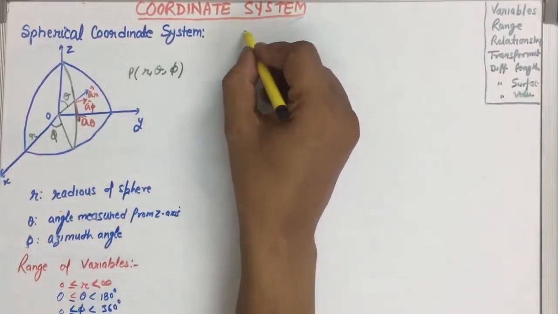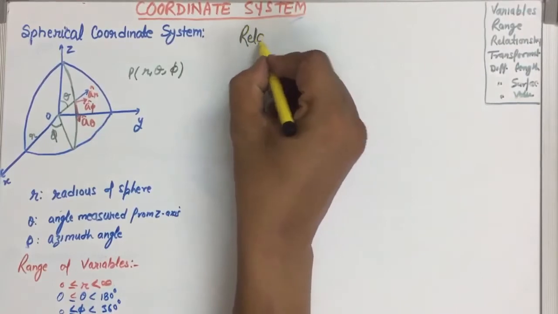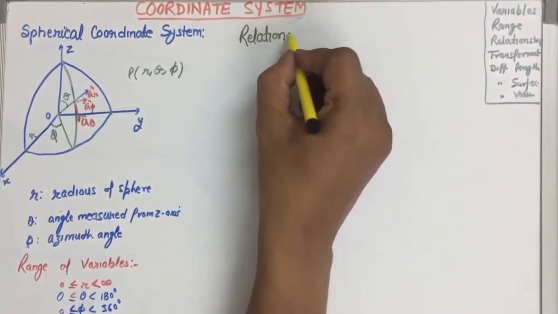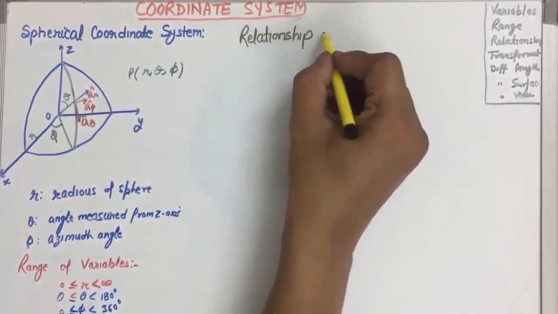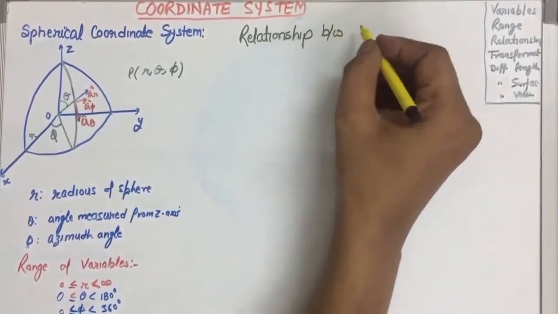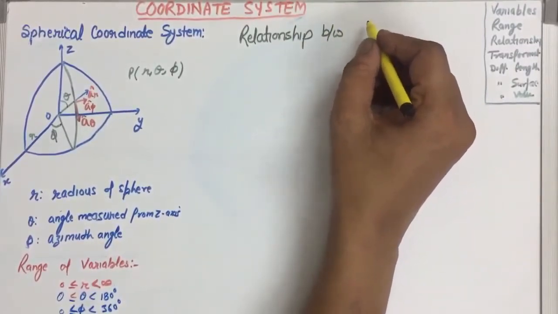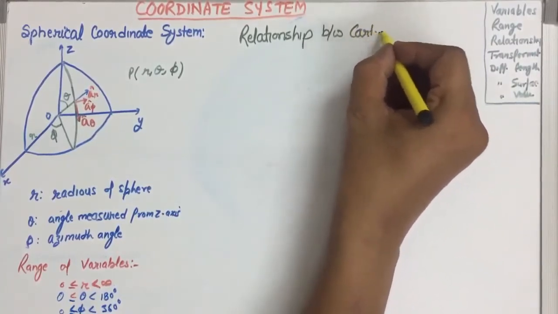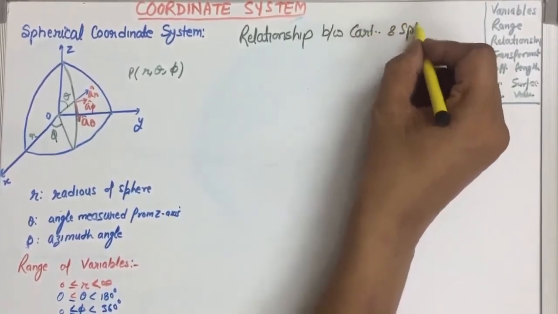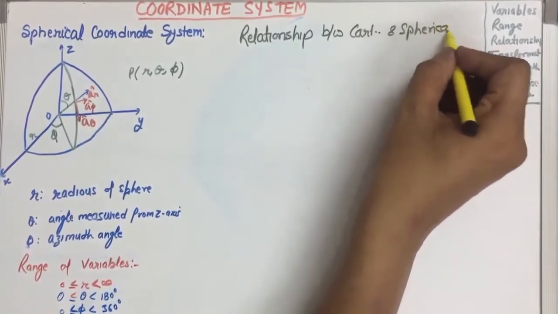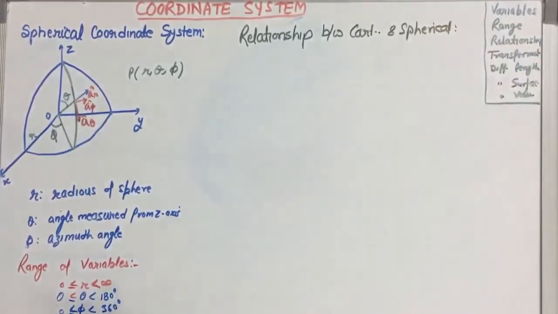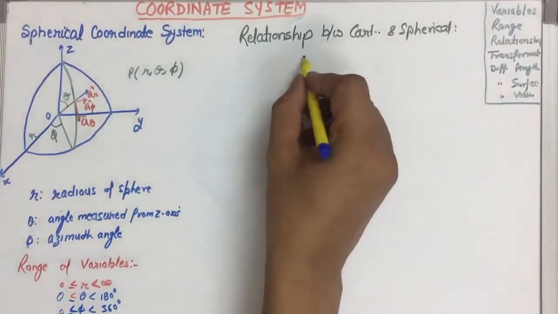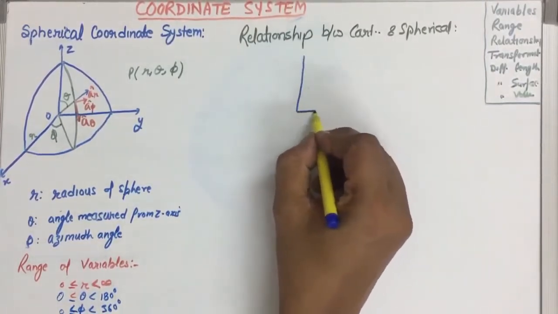Now the relationship between the Cartesian and spherical coordinate systems. To find the relationship, we will draw a figure similar to the last one.